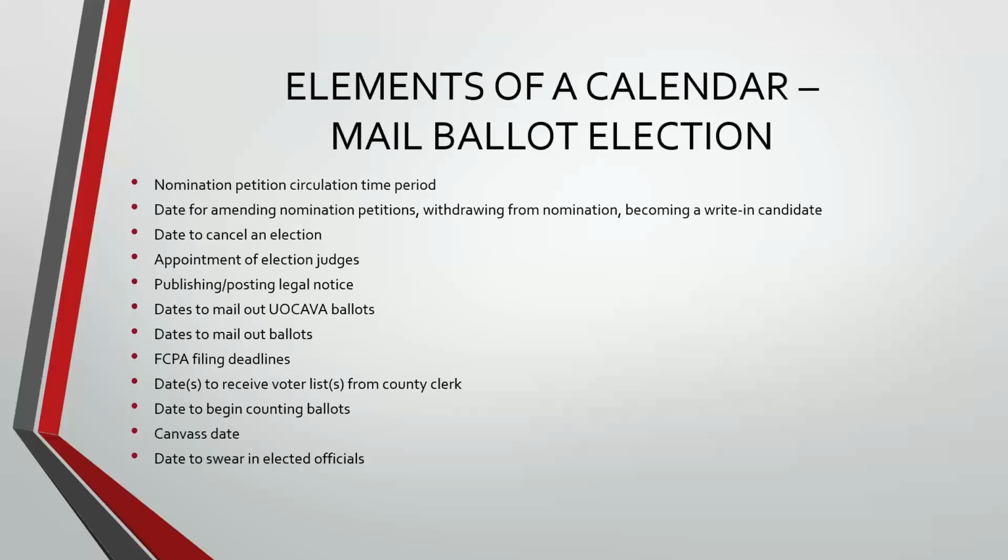And I will tell you that if we ever get around to amending the municipal election code, I would like to put in a brand new section, maybe like a 9.5 for mail ballot elections. But you'll see when the section on mail ballot elections starts, and I think it's like 905 or 907, you'll see the deadlines, and there's a couple of deadlines where they'll send you one list and then they'll send you a supplemental list.